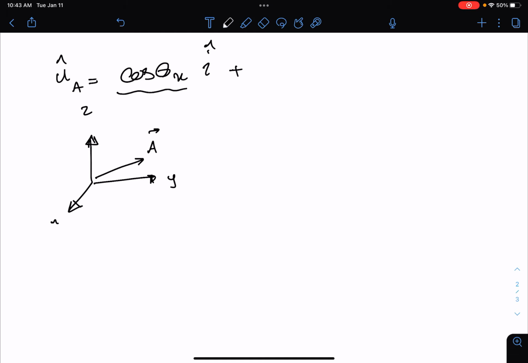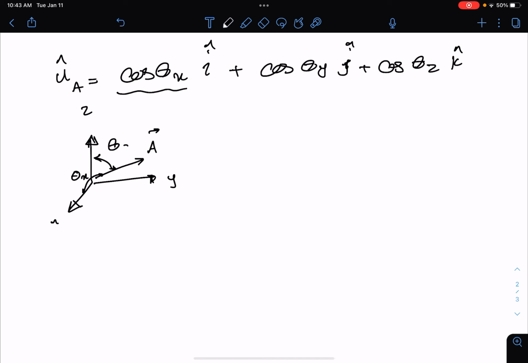The cosine of the angle this vector makes with the x-axis is going to be your unit vector component in the x direction. The cosine of the angle it makes with the y-axis is going to be the unit vector component in the y direction, and the cosine of the angle it makes with the z direction is going to be the unit vector component in the z direction.